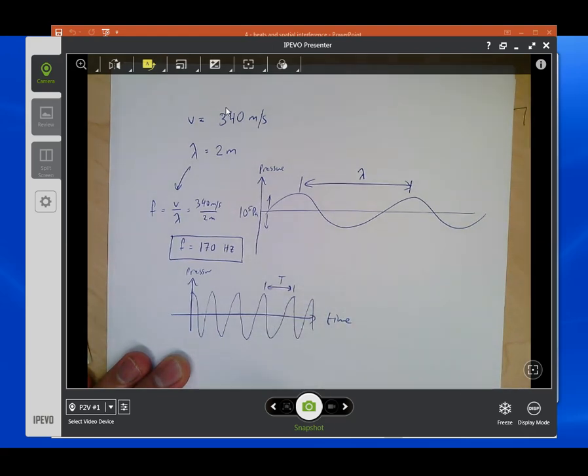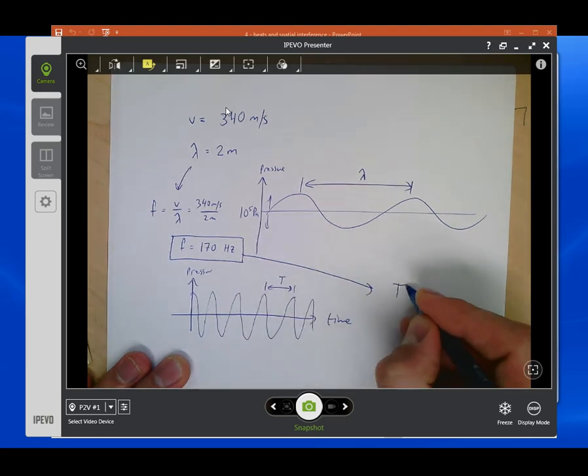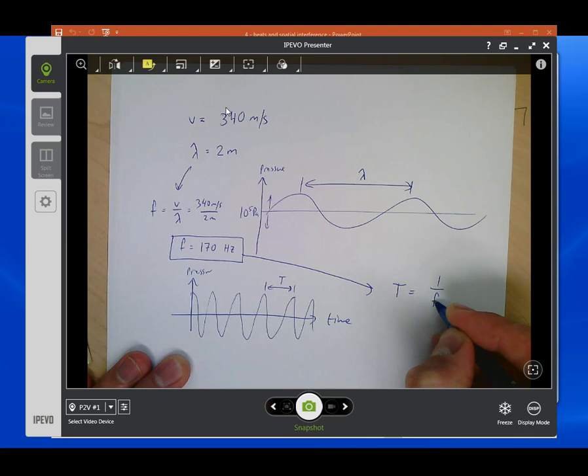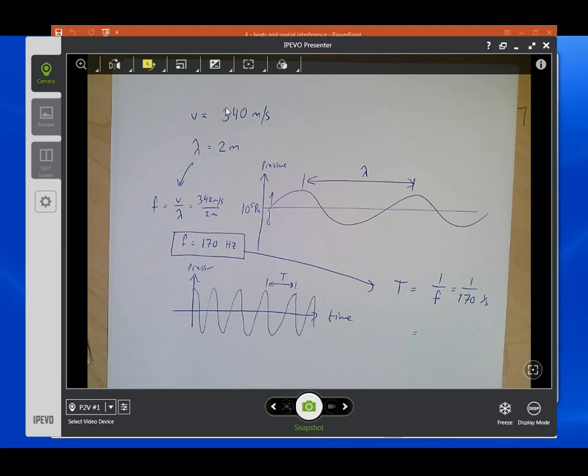Really what this question is asking is, what is the period of this oscillation? So maybe you know that you can take the frequency and just take 1 over that. So if I did 1 over 170 hertz, which is inverse seconds, I've got to use a calculator at this point because I don't know how to do that in my head.